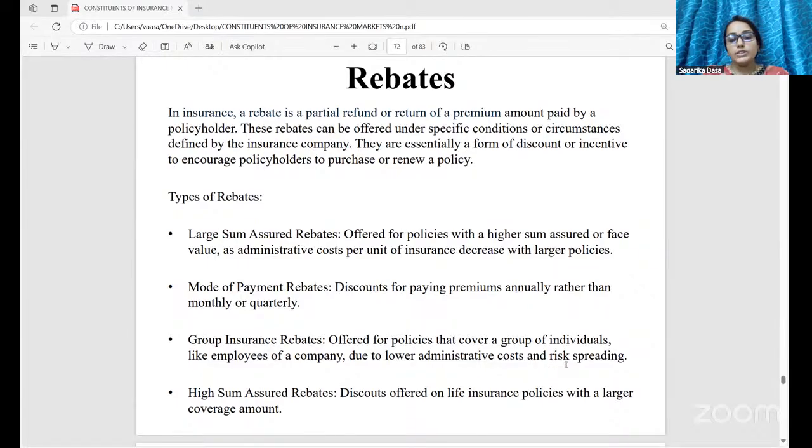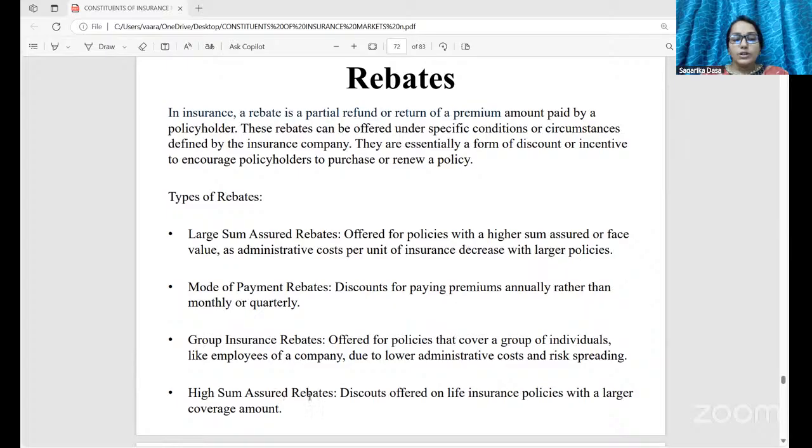Group insurance is provided by organizations to their employees, and in the same way the employees of the companies will be given these rebates because of lower administrative cost, and risk will be spread over the group members present in the particular insurance.